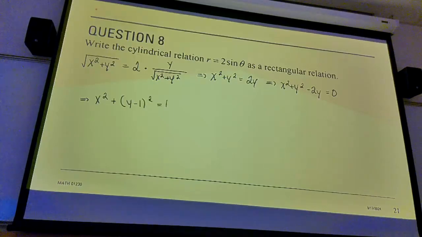You completed the square with y. What's that curve? It's a circle, centered at (0, 1) with radius 1. Circle of radius 1 centered about (0, 1).